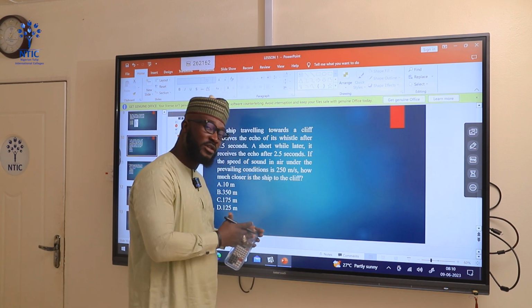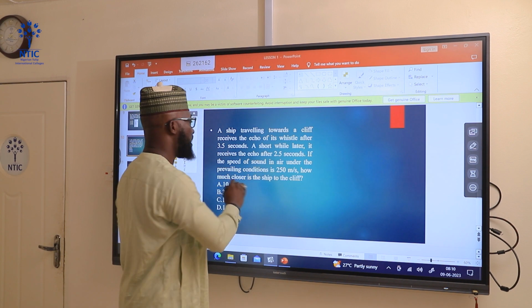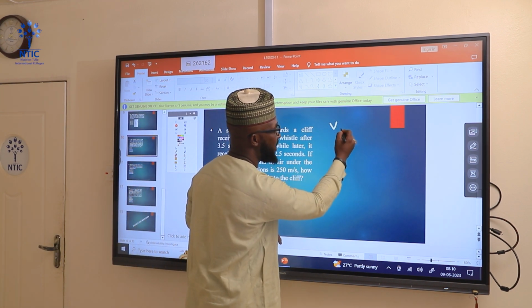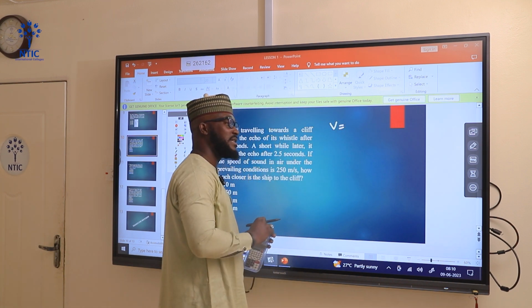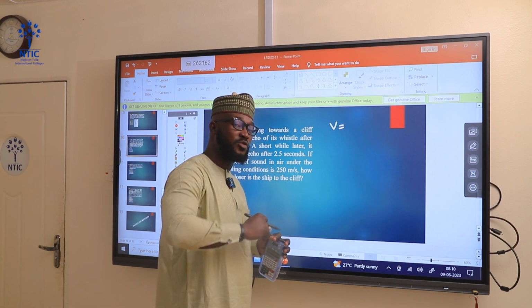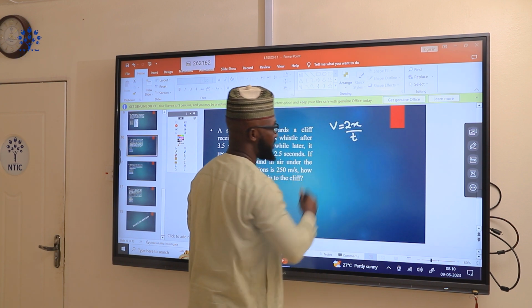So in order to solve questions on echo, all you need is to remember your formula for velocity, which is simply V equals X over T. But then, remember we said, in this case, the sound must have traveled twice the distance. So we have 2x all over time.